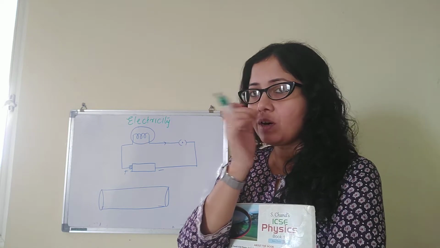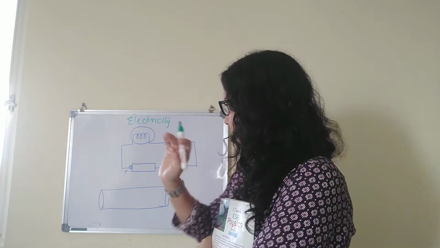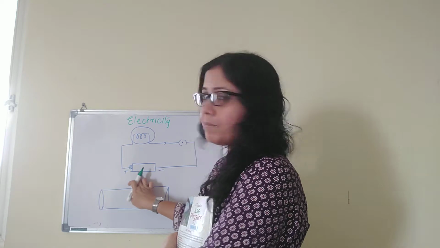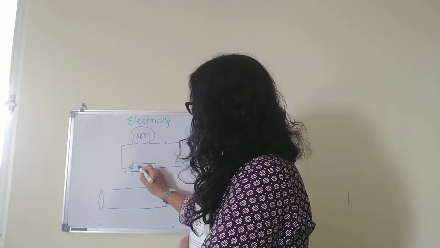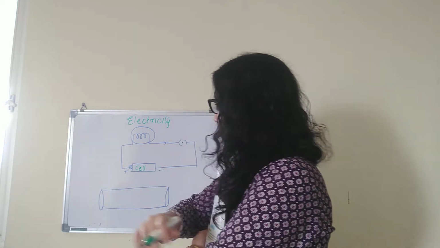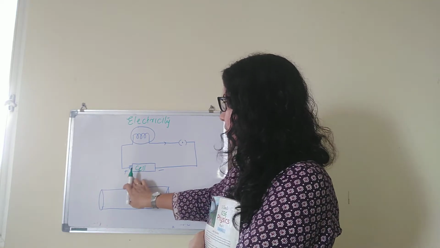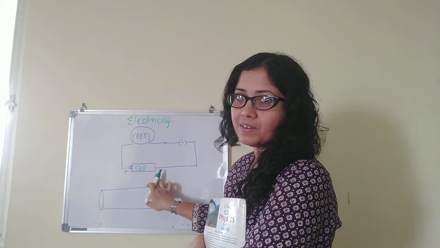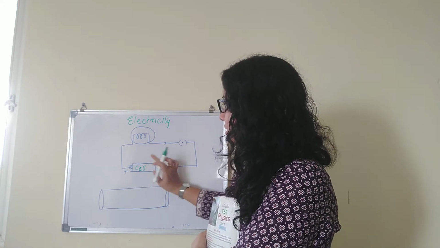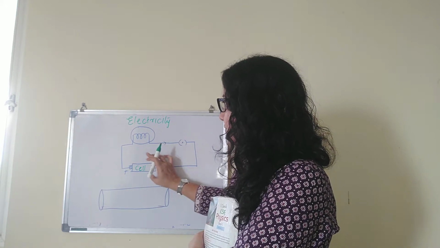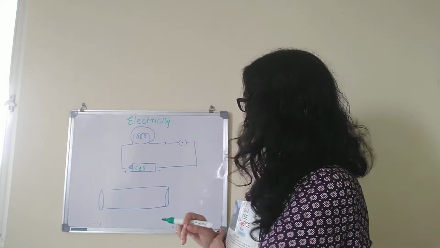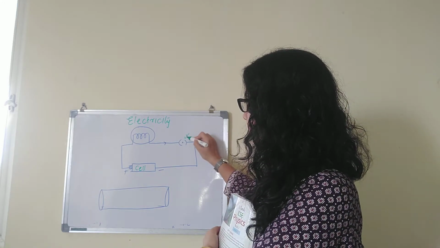So if I draw one simple circuit, here I have drawn a battery, or a cell. This is one single cell, and we know a cell has a positive terminal and a negative terminal, right? So suppose this is a cell of a torch and I have to light the torch. What do I do? I switch it on, right?